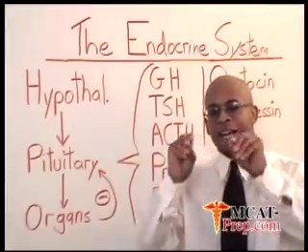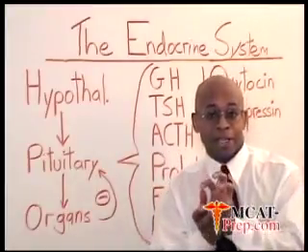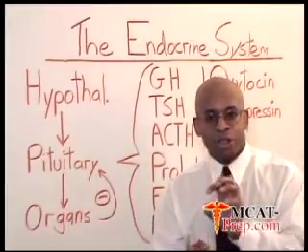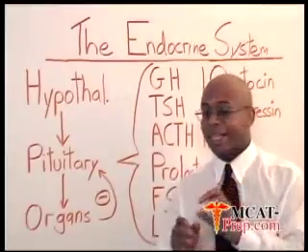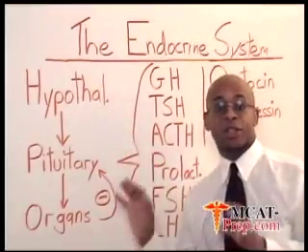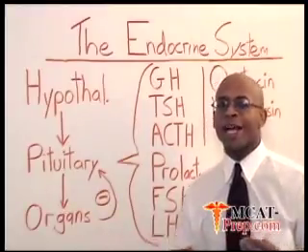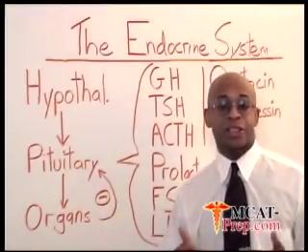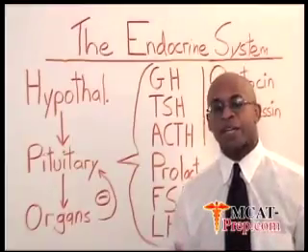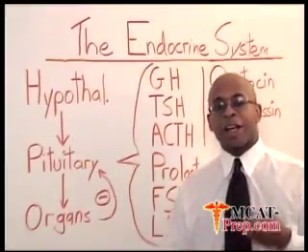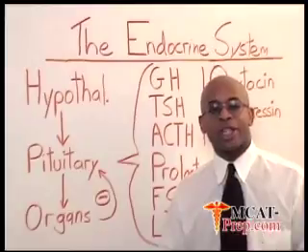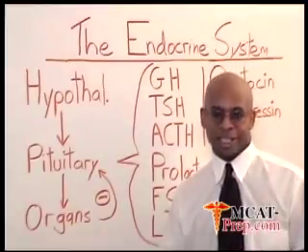So the adrenal gland has an outer part called the cortex, the inner part, the medulla. The medulla of the adrenal gland does not react to this axis. It reacts separately. In fact, the medulla of the adrenal gland is considered to be part of the sympathetic nervous system. The medulla of the adrenal gland secretes adrenaline.